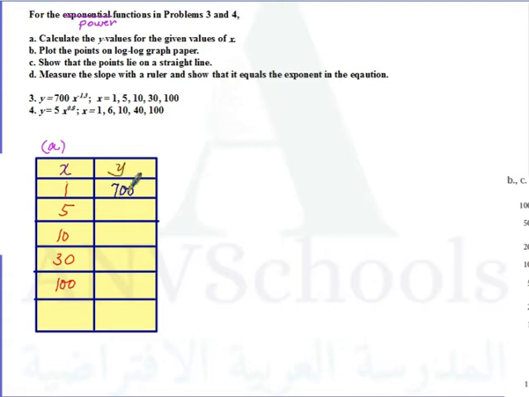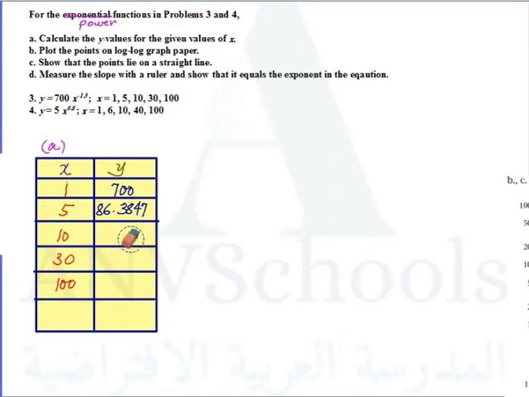If my x is 5, then I have 86.3847. If my x is 10, I have 8.4108. So it's decreasing again. Okay. If my x is 30. Okay, I think I made a mistake here.